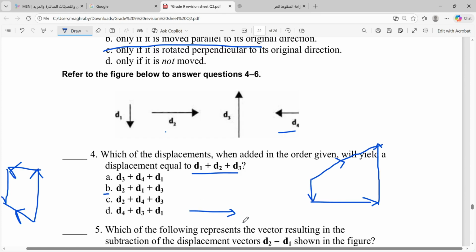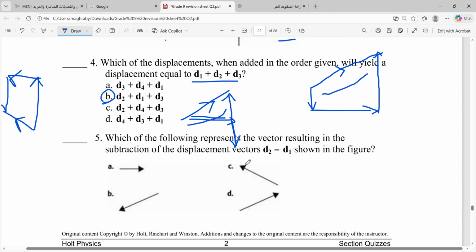D2 plus D1. Where is D1? D1 like this. Plus D3. Where is D3? D3 like this. Where is the resultant? The resultant like this. So the resultant here is like the resultant here, so we have to choose B.